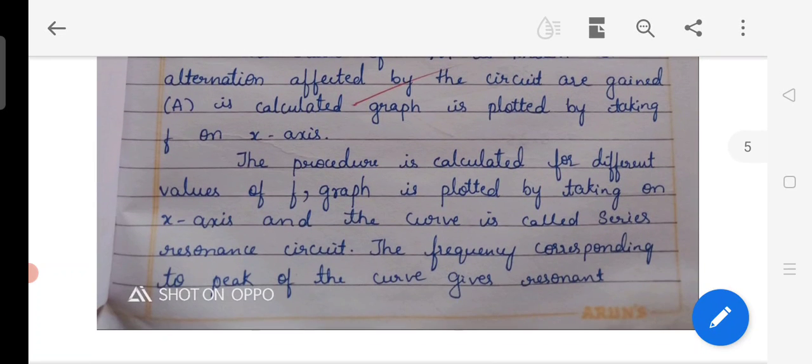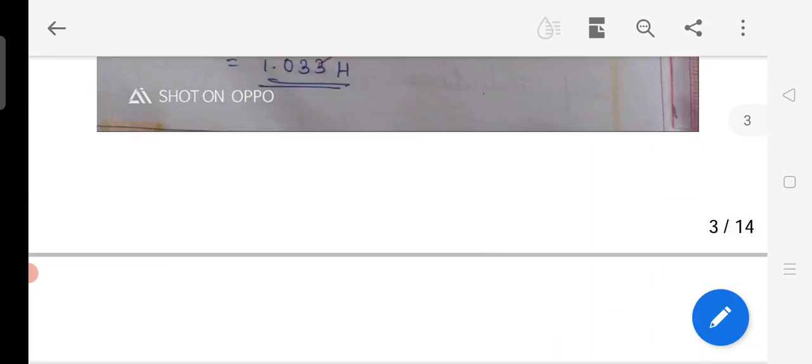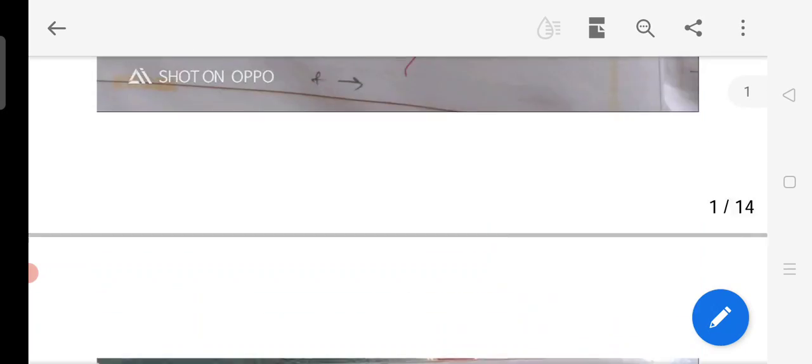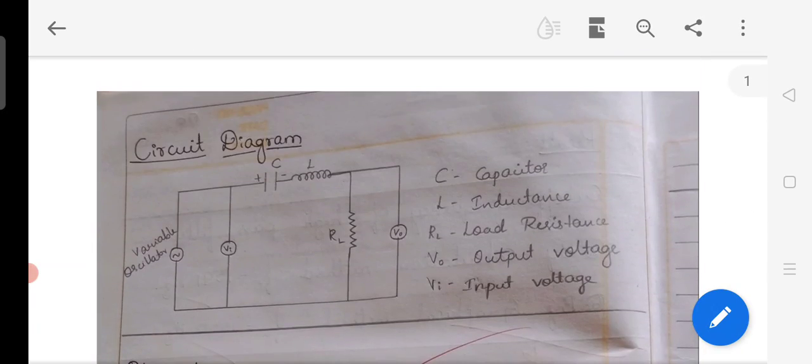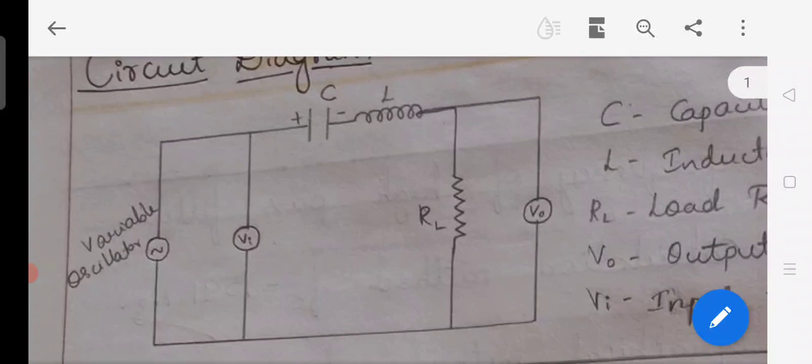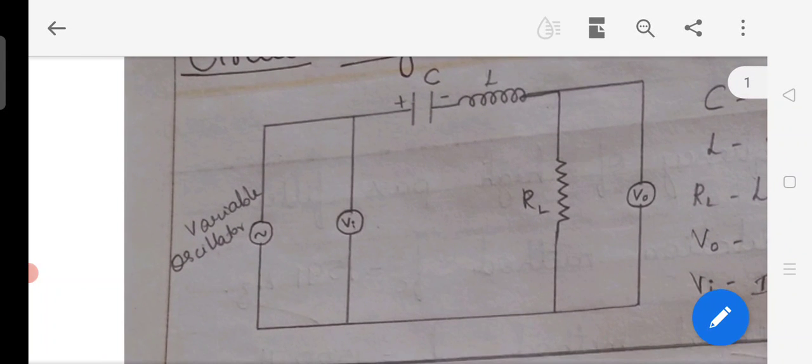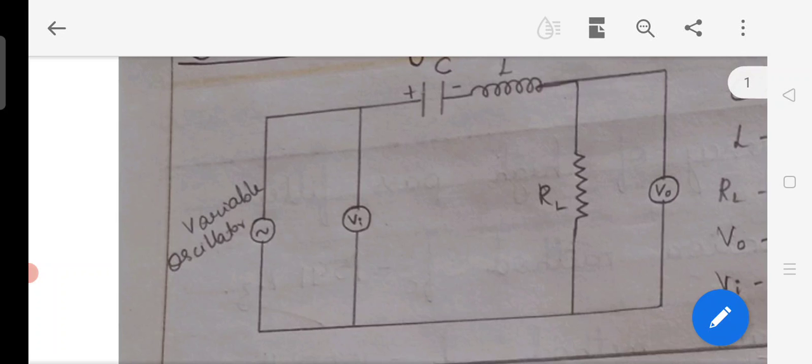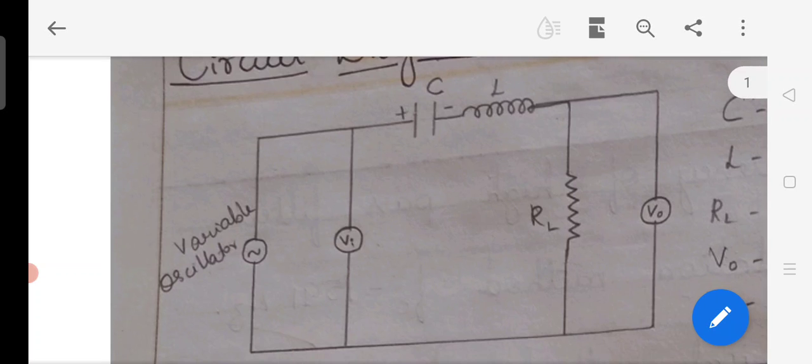For that, let us see the circuit diagram of this experiment. In the circuit diagram, different alphabets are going to be used, namely CL, RL, where C is the capacitance of the capacitor, L is the inductance, and RL is the load resistance.